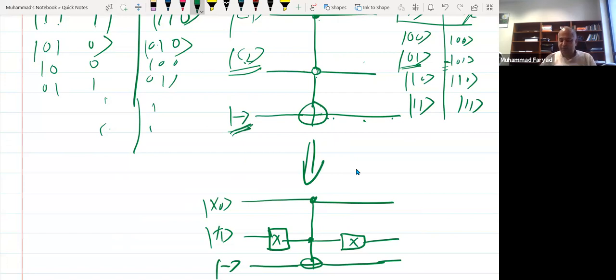Since this is only 4 combinations, when I have to mark 2 of them, I know that you can do it using control X. We just discussed it earlier, but can you think of a way of using Toffoli gates to mark 2 of the inputs? No?